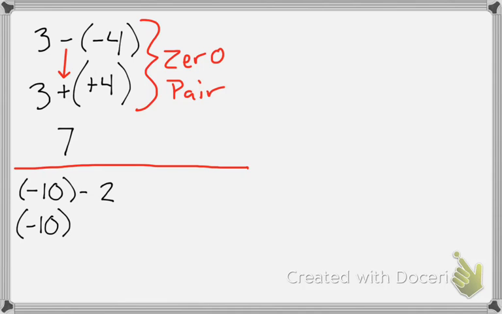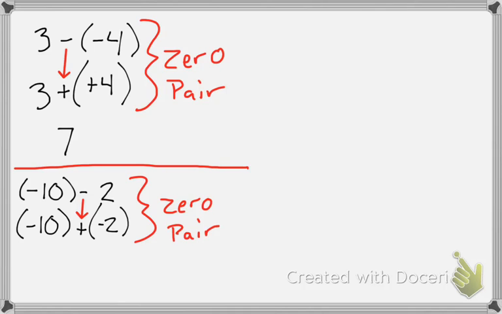Everything else does, though. The minus sign becomes a plus sign, and +2 becomes -2. And in doing that, +2 and -2 make a 0 pair. So we're not affecting the value, we're just modeling a different way. We end up with -10 plus -2, so we start with 10 negatives and we add 2 more negatives to that. Our answer, -12.